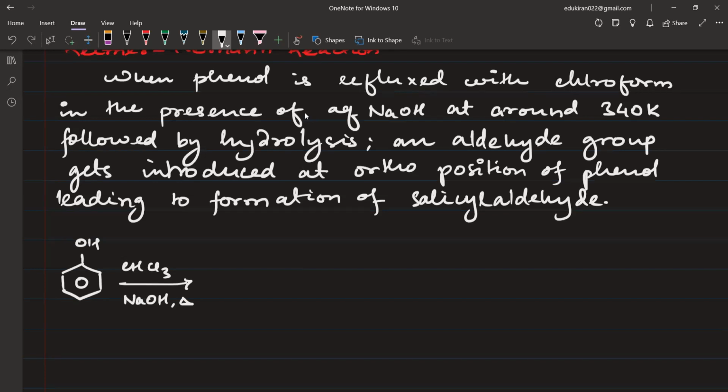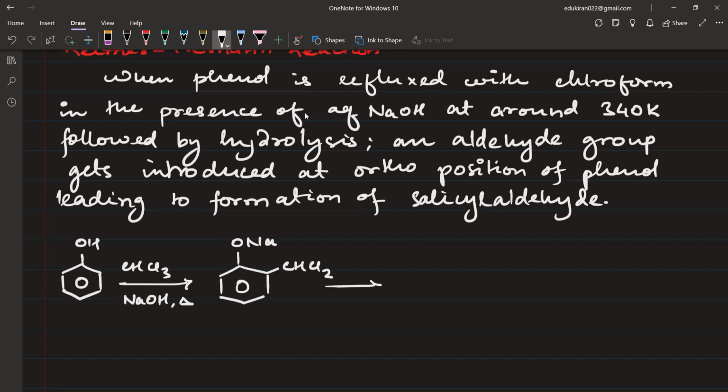First of all, in the presence of NaOH, this OH will get converted into ONa, and then CHCl3 loses Cl and is introduced as CHCl2. We'll look at the mechanism also. Don't worry about it.